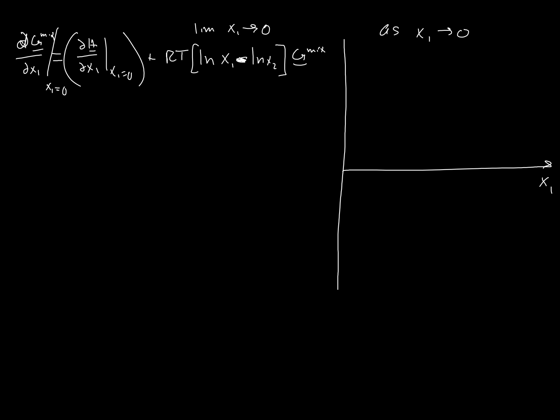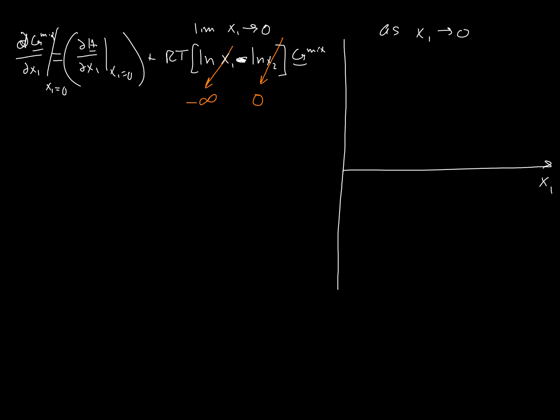So if we plug in the numbers here, the ln of x1 as x1 goes to 0 goes to minus infinity. As x1 goes to 0, x2 goes to 1, so this term goes to 0.